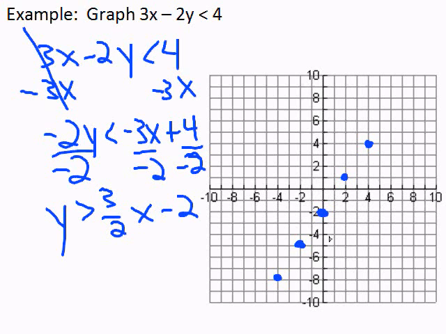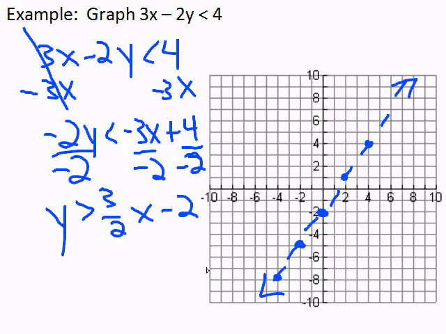Now there's a couple odd parts that separate an inequality when we graph it from a regular equation. One of them is if y is greater than, go back to your notes, then we use a dashed line. We use a dashed line to indicate that all the points on the line are not solutions to the inequality.